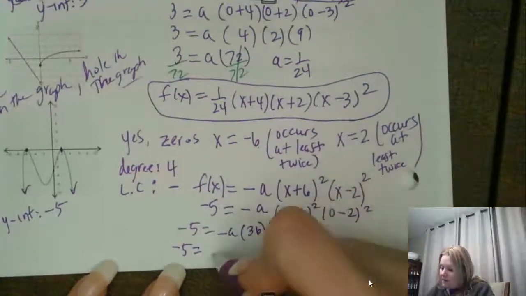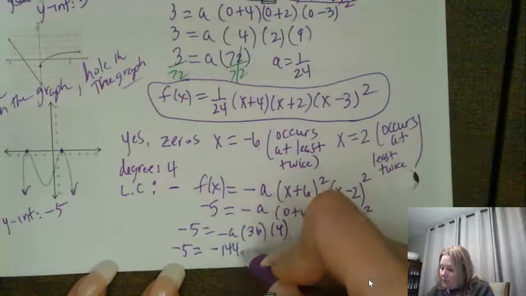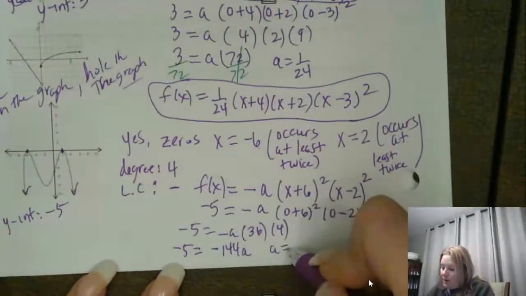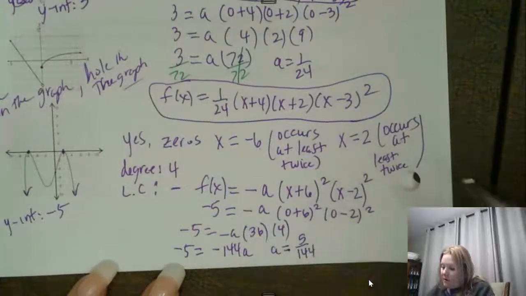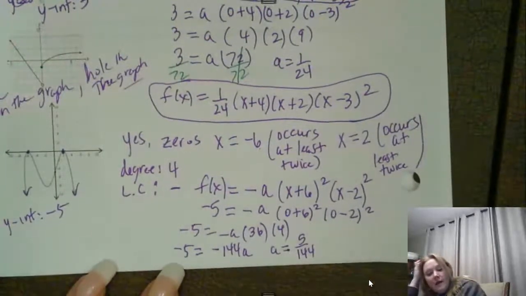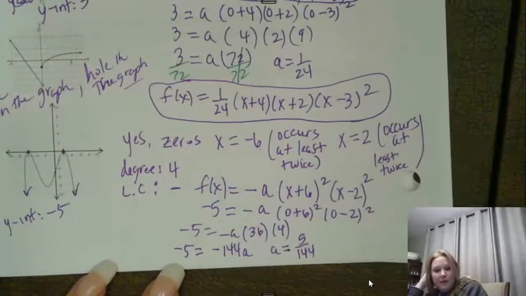Yeah, that's negative 144a. So a is 5 over 144, right? It's negative 5 over negative 144, but then a negative divided by a negative is a positive.